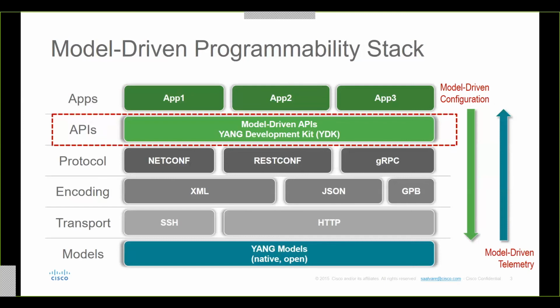Okay, so on top of all these options, we give you a layer of APIs to simplify the development of applications that can automate devices and ultimately automate the network, okay? And that's really the focus of our presentation today, those APIs. I'm going to maybe talk a little bit about the protocols, encoding, and transport, but that's not really the detail.